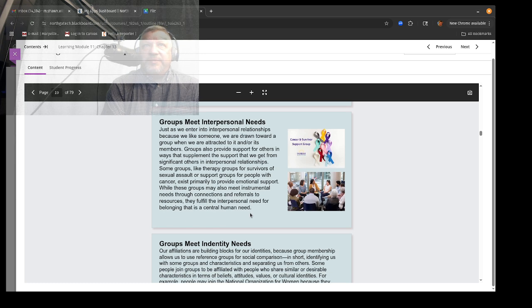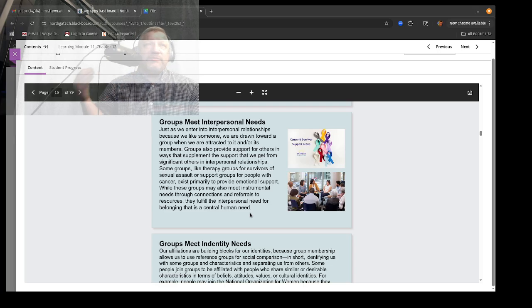And then groups meet our interpersonal needs. We join groups because when we like someone, we're drawn in towards a group they may belong to, right? Groups also provide support for others and from others in ways that they can help each other. We think about therapy groups or even study groups. Think about being a cancer survivor, a group that helps provide emotional support, helps provide knowledge.